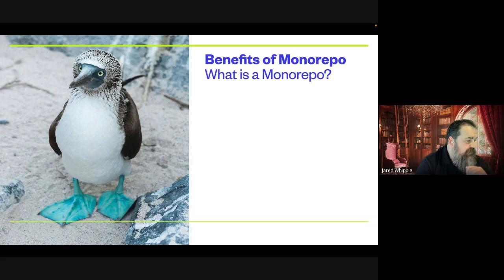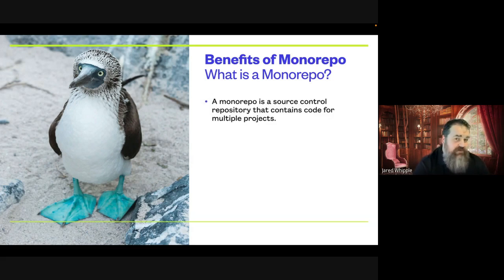So basically, a monorepo is just a source control repository that contains code for multiple projects. A lot of people get it confused with a monolith, and it's very code heavy. It can be a very dense code base, but it's used by a whole lot of companies, Google being the prime example.